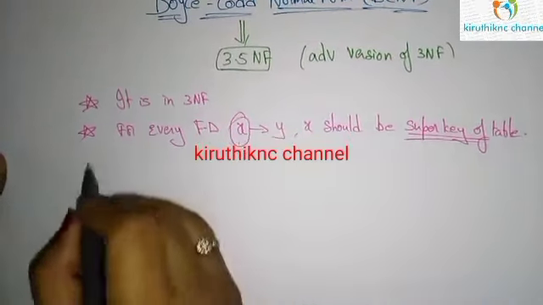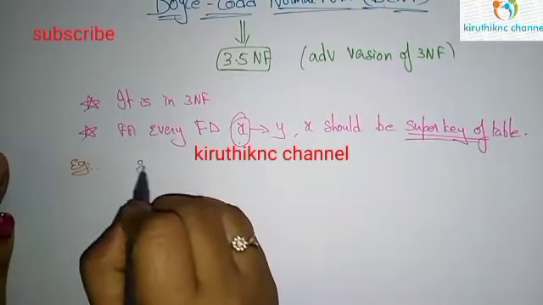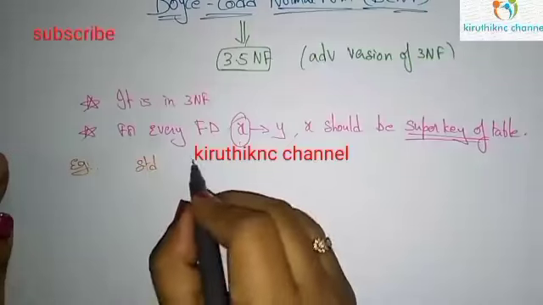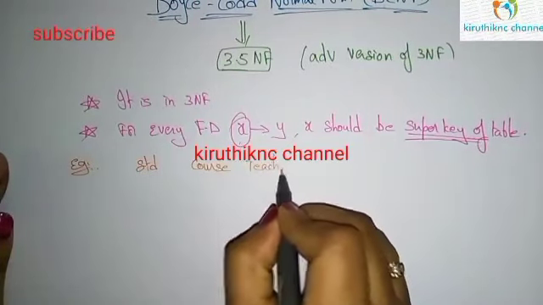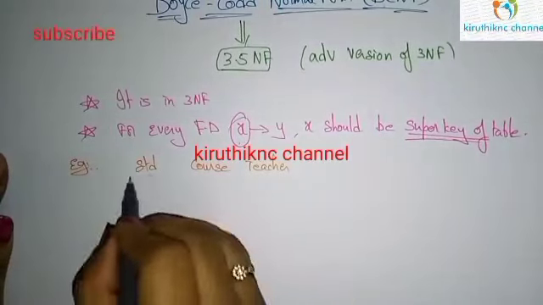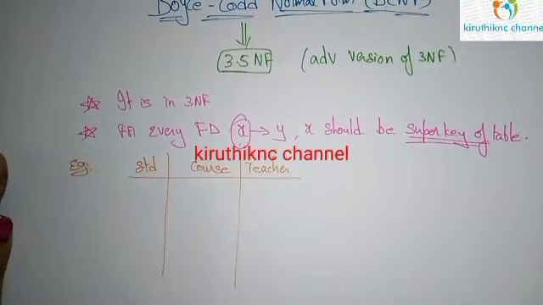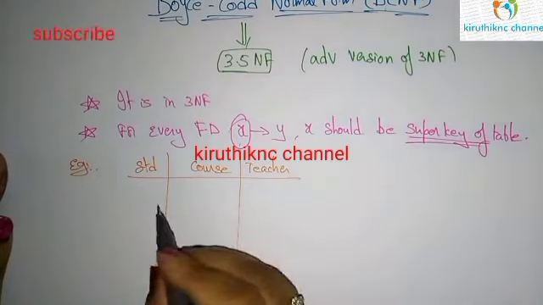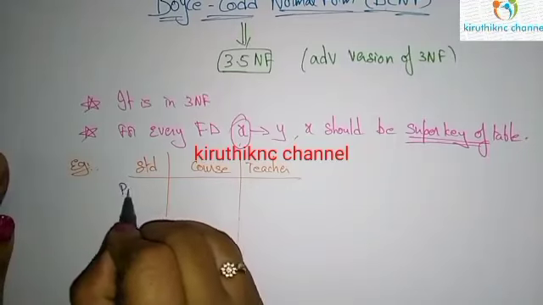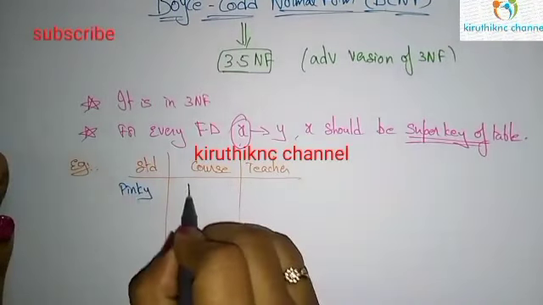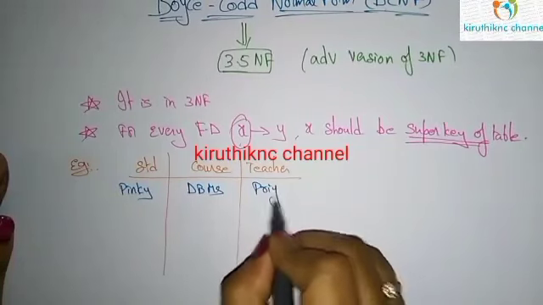Okay, so let me take an example for BCNF. This is a student table with student, course, and the teacher who teaches that course. Suppose Pinky is doing the course DBMS, and the teacher is Priya.